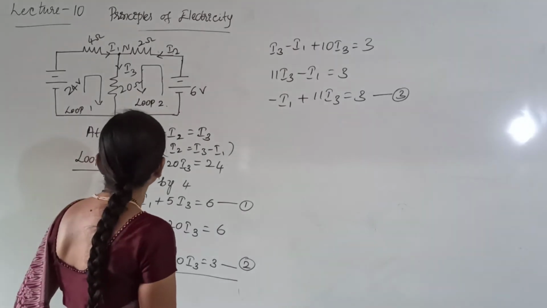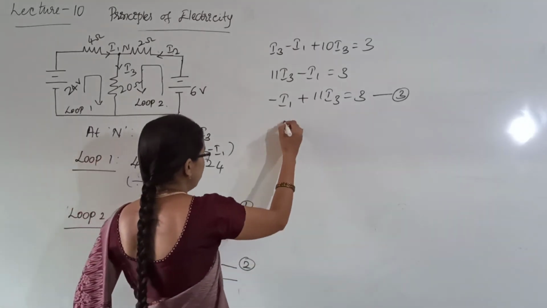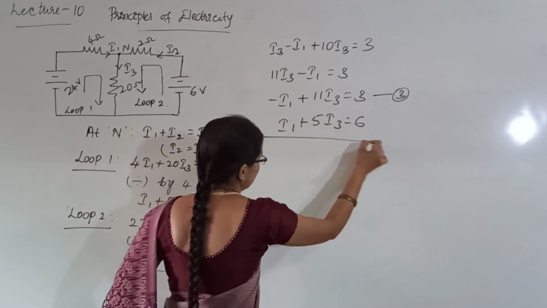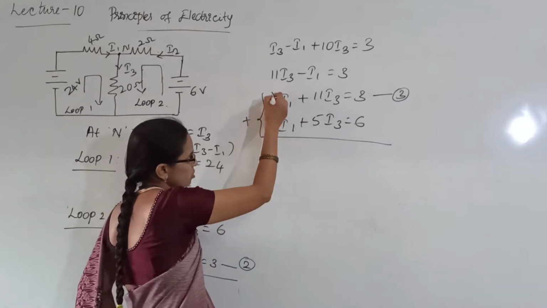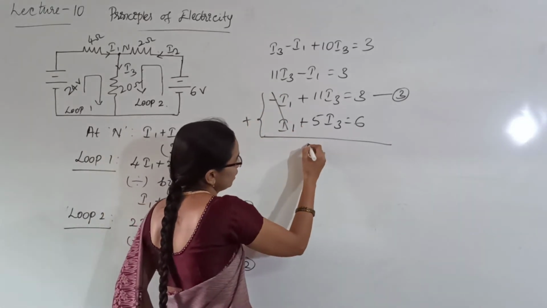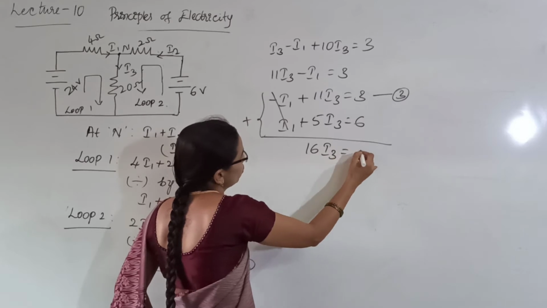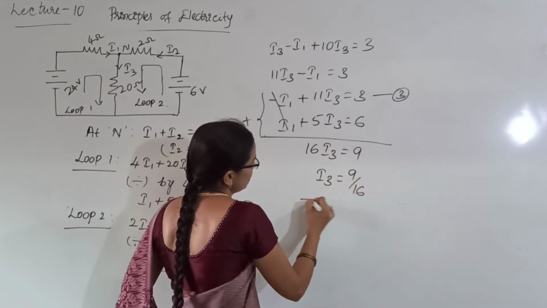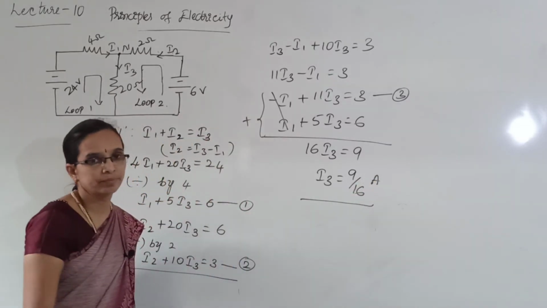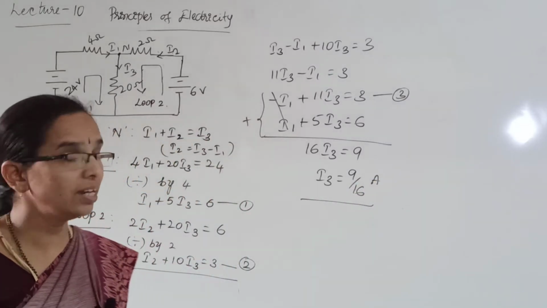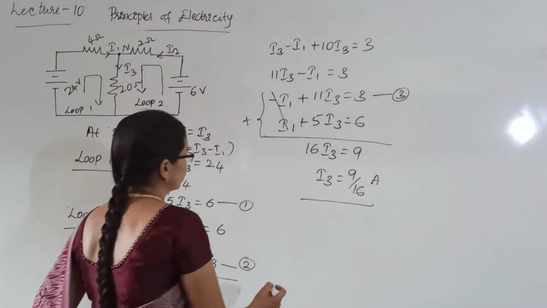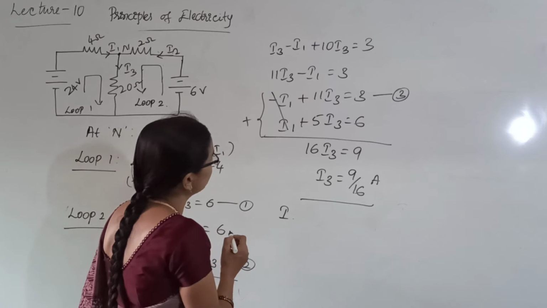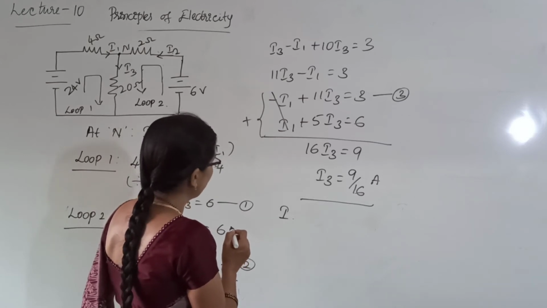Now equation 1 is I1 plus 5 I3 is equal to 6. I will just add these two equations, this gets cancelled. I will get 16 I3 is equal to 9. I3 is equal to 9 by 16 amperes. Okay, and then calculate the value for I3, I have got.